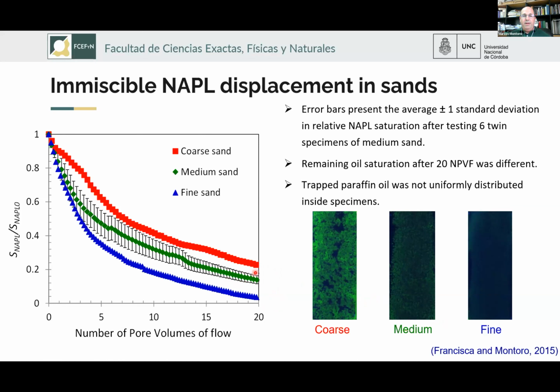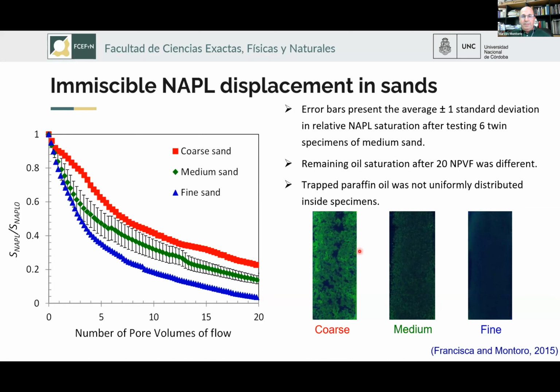This means that the finer the sand grains, the lesser the remaining NAPL inside the specimen. This is because with finer grains, the expected capillary effects are more important, and a more stable displacement front is expected, and that allows a more important NAPL recovery.